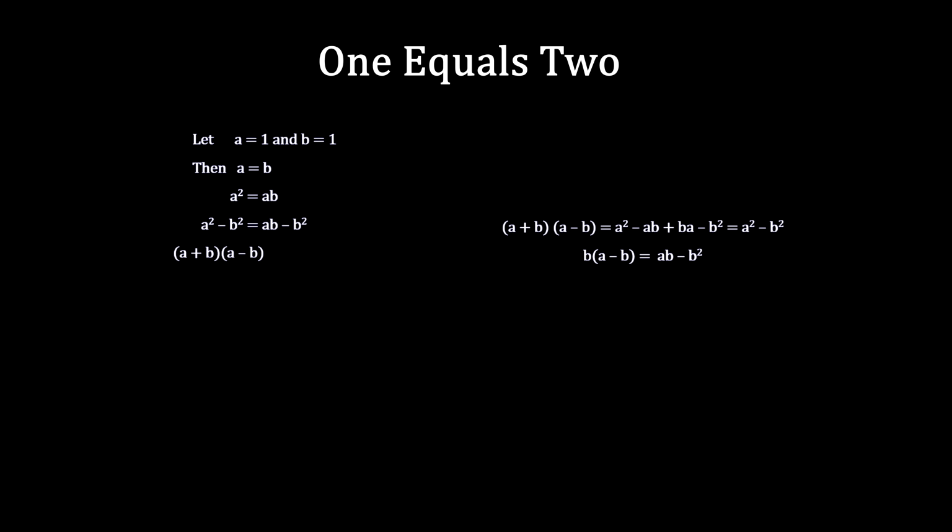And ab minus b squared into b times a minus b on the right side of the equation. We can divide both sides by a minus b, and we can cancel out common terms in the fractions. So the equation simplifies to a plus b equals b. Substituting in the 1's for a and b, we get 1 plus 1, or 2, equals 1.